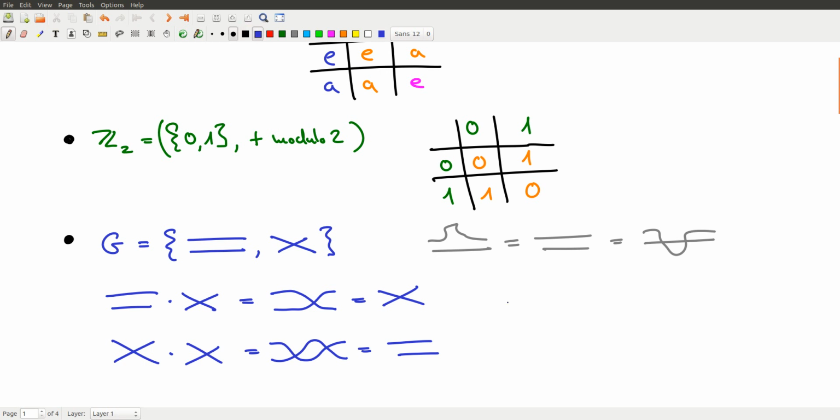And now we can also draw a group table. Our group elements are these diagrams.